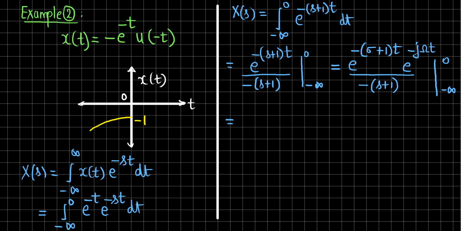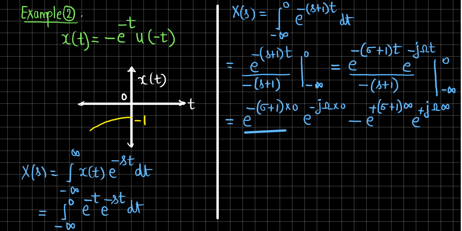It is going to be e power minus sigma plus 1 times 0 and e power minus j omega times 0, minus e power minus sigma plus 1 times minus infinite, so I'll write it as plus infinite here, times e power minus j omega times minus infinite, and the whole divided by this minus s plus 1 factor.